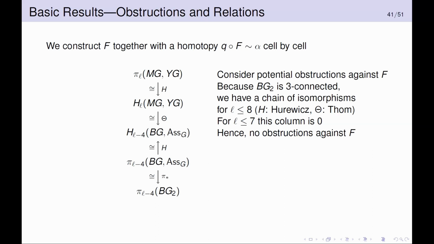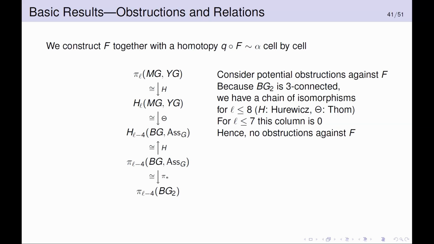And then you have a Hurewicz isomorphism, where l minus 4 is at most 4, so l is at most 8, up to the corresponding homology group. Then you have a Thom isomorphism. So you end up in the relative homology group of MG relative to YG. And because everything vanishes for l lower or equal than 7, you have another Hurewicz isomorphism, and then you are there.